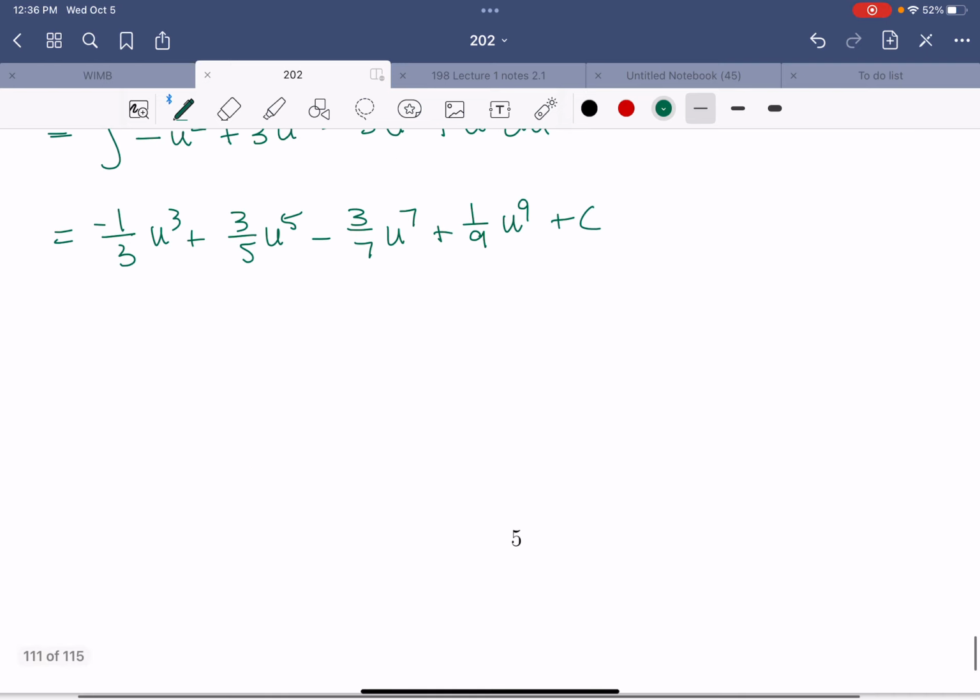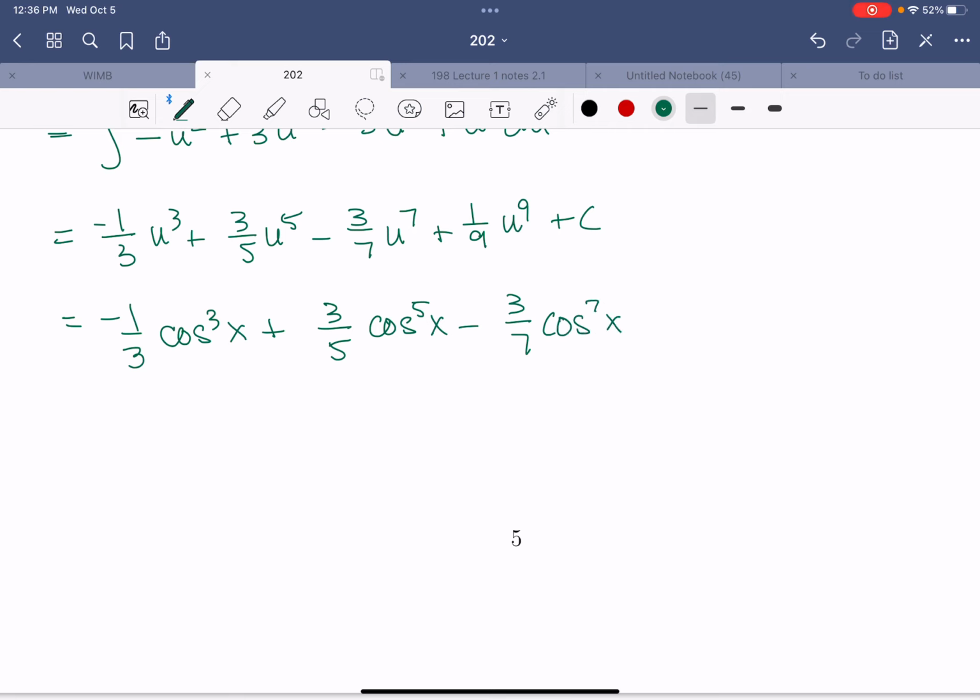And I can resub my u back in to get negative 1/3 cosine cubed x plus 3/5 cosine to the 5th x minus 3/7 cosine to the 7th x plus 1/9 cosine to the 9th x plus a constant.